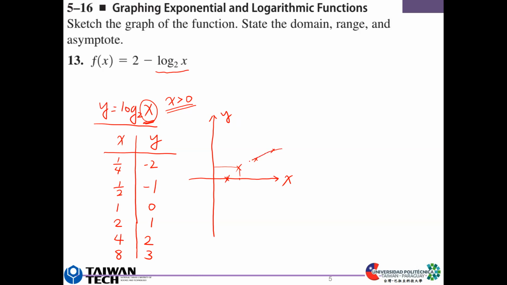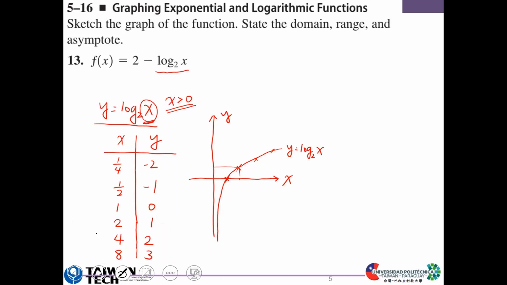If you put all the points together, you will have something like this. This is y equals log 2x.